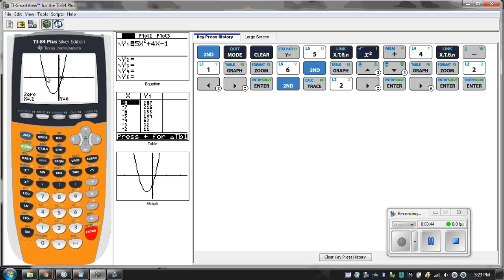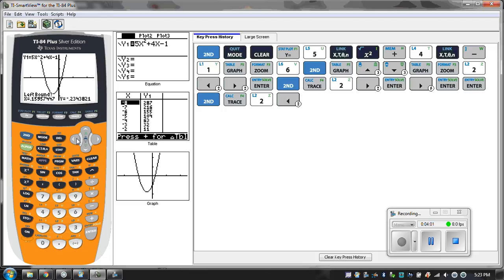So I can do that one more time. Even though we know this is -1, I can show you one more time. Second, calculate. I want to find the 0. But this time, let's find this 0. So as I come down here, or as I come this way, this is my left and this is my right.